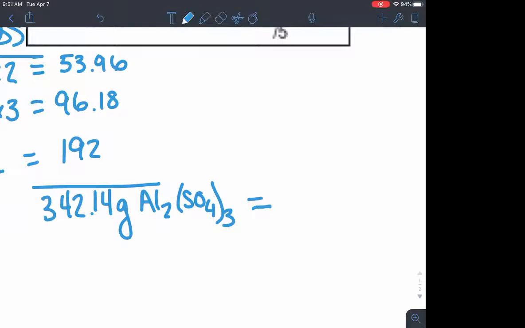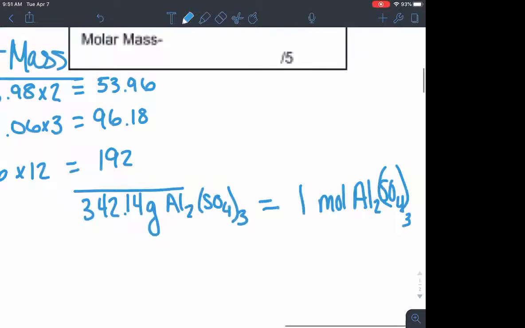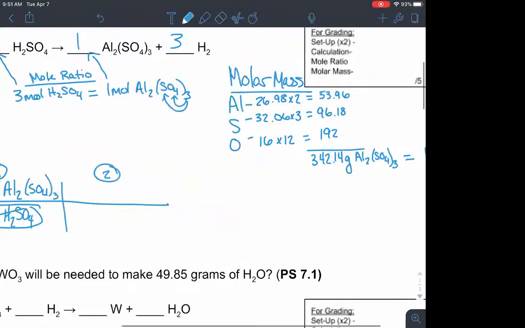The 342.14 grams of aluminum sulfate equals what? Molar mass. So it's our molar mass, which means that it has to equal some number of moles. How many moles is this going to equal? It's 1 mole. It's always going to equal 1 mole. So our molar mass always equals 1 mole. So now we've created a new conversion factor to use in our table.